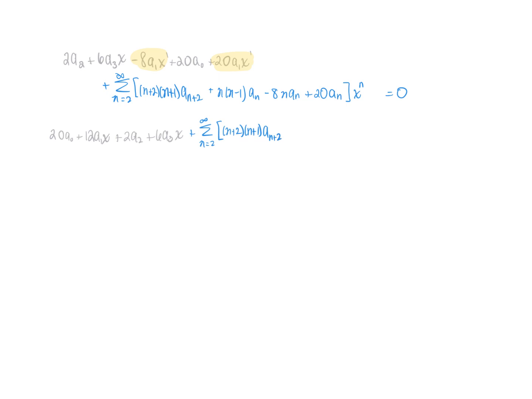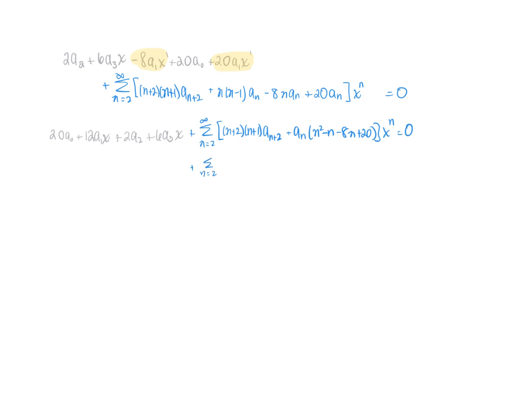But now, let's put all those a sub n terms together. We'd have an n squared minus n, minus 8n, and plus 20.